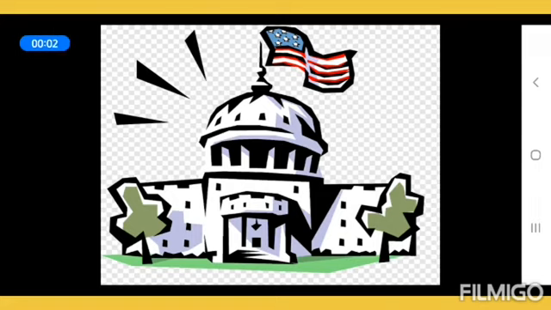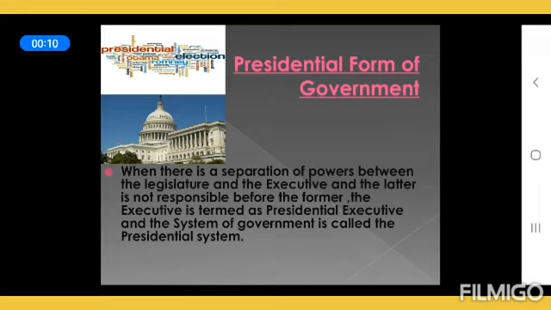Okay, now let's discuss the presidential form of government. Let me read it out. When there is a separation of powers between the legislature and the executive, and the latter, the executive, is not responsible before the former, the legislature, the executive is termed the presidential executive, and the system of government is called the presidential system.